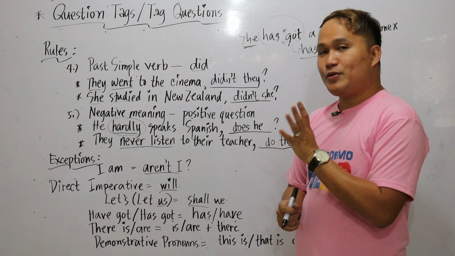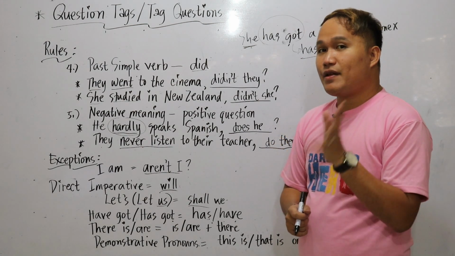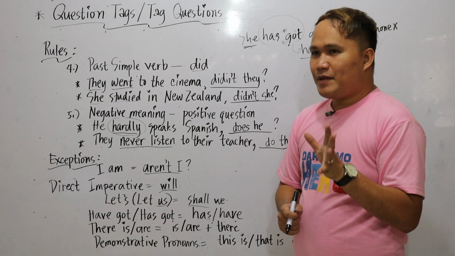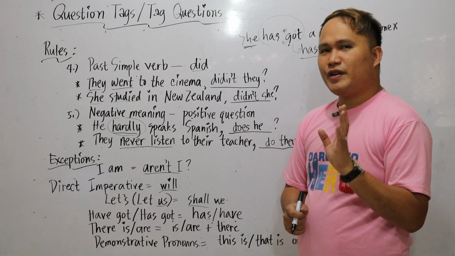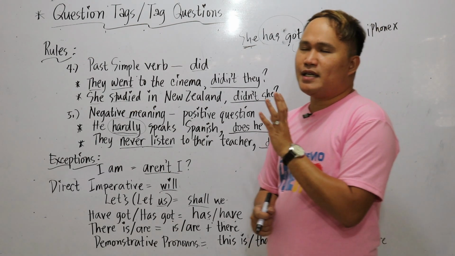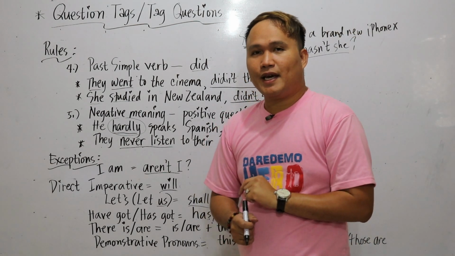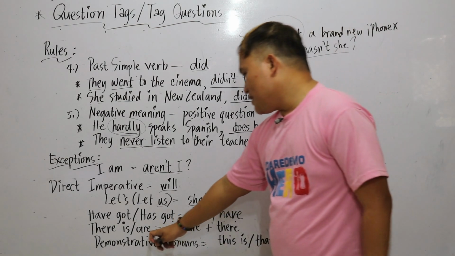So our tag question should be isn't there. Now if the statement is negative, there isn't a mall somewhere downtown, is there? Again, if it's positive, the tag should be negative.